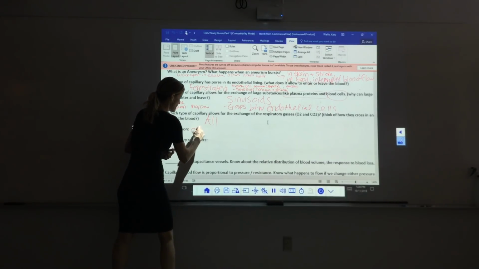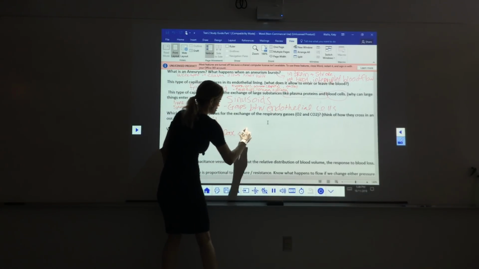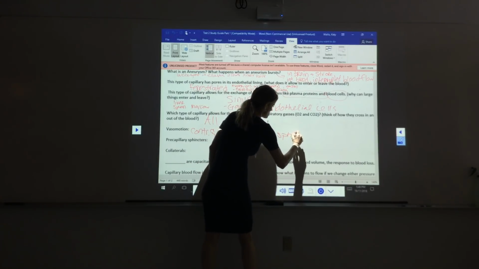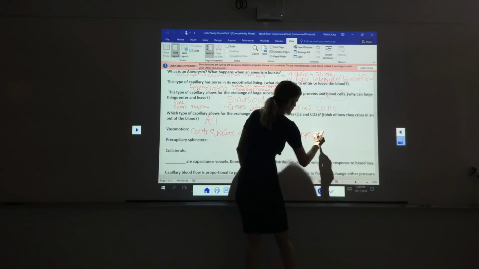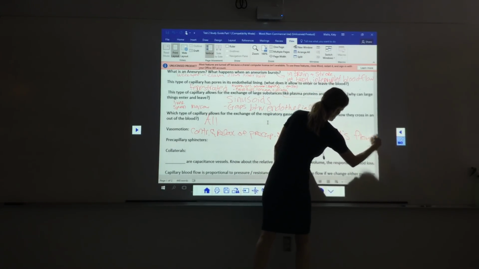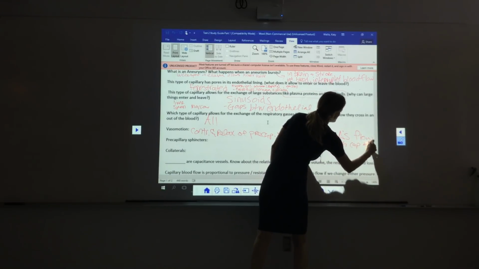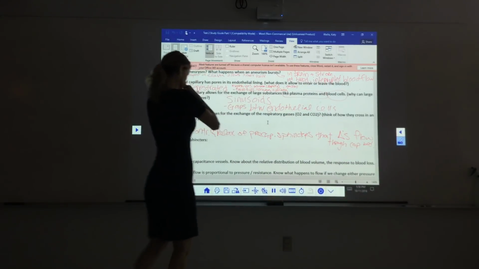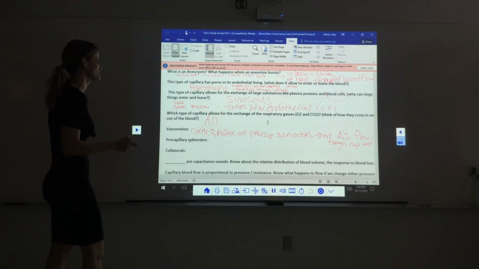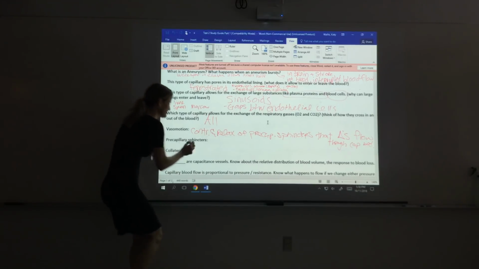So contraction and relaxation of precapillary sphincters changes flow through the capillary bed. That is completely shorthand: contract, relax, precap sphincters, that changes flow through cap bed. You get it though, right? What are precapillary sphincters?